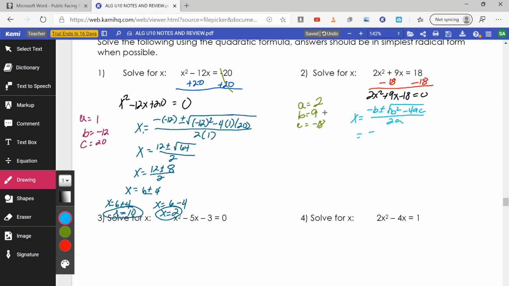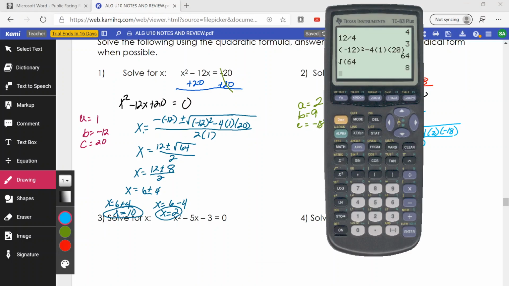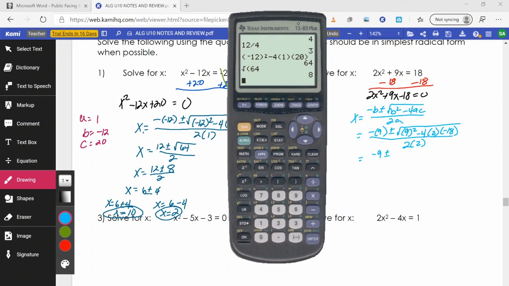So we have the negative value of b, so negative value of 9, plus or minus the square root of 9 squared minus 4 times 2 times negative 18, all over 2 times a, 2. Well, negative value of 9 is just negative 9, plus or minus. And then again, we'll use the calculator.